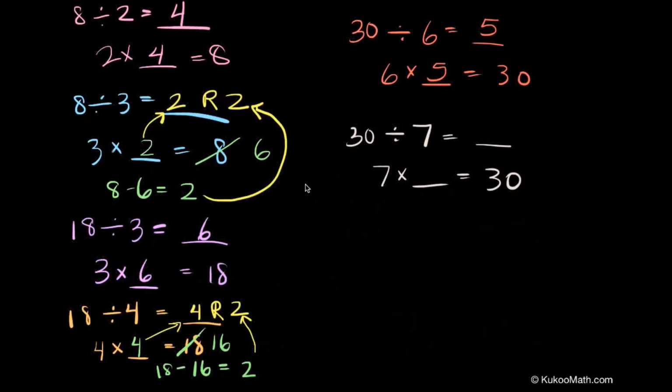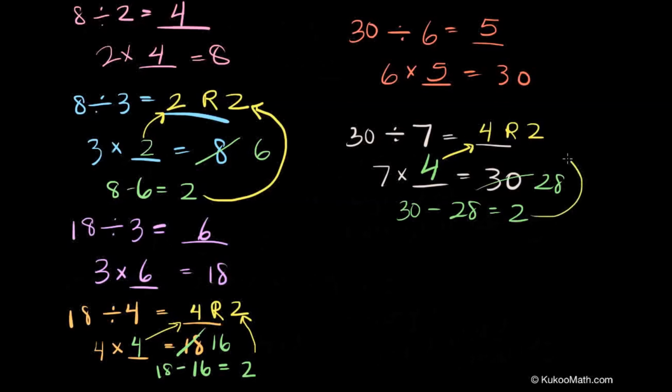And that number is 7 times 4. And 7 times 4 is 28. Now we subtract. 30 minus 28 is equal to 2. So our answer is going to be 4, remainder 2. And the 4 came from here, while the remainder comes from here.